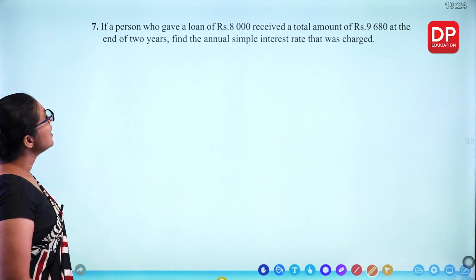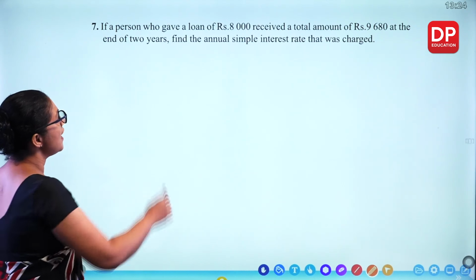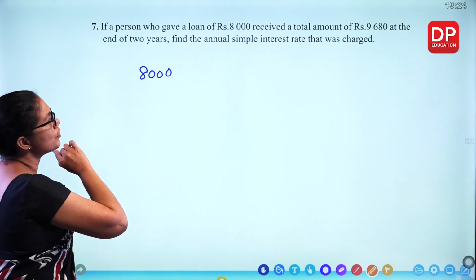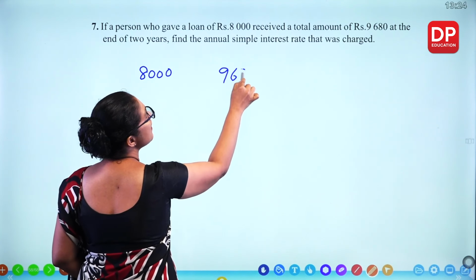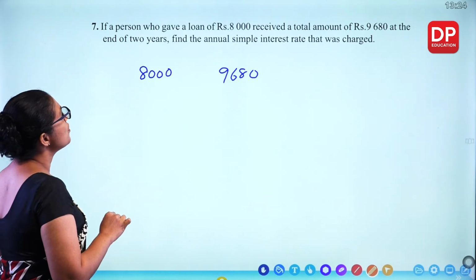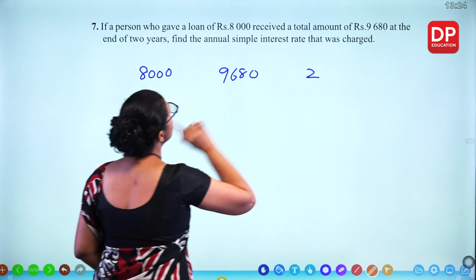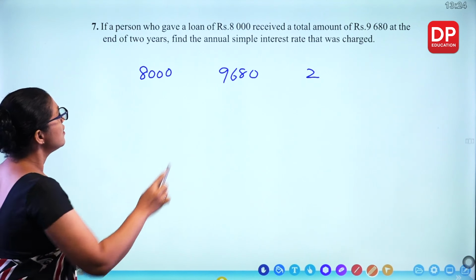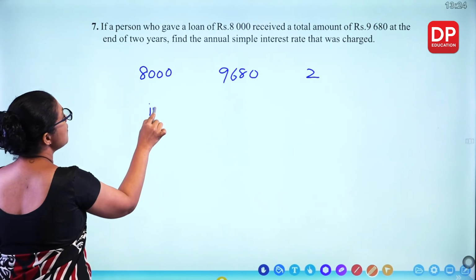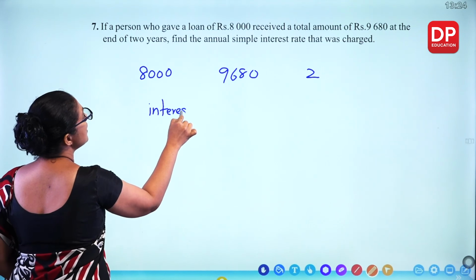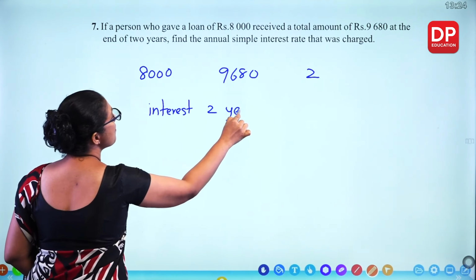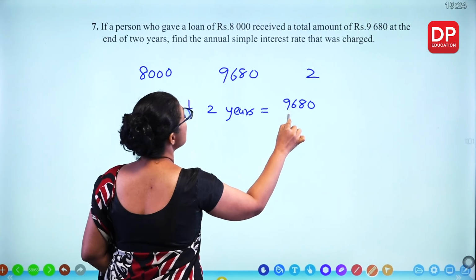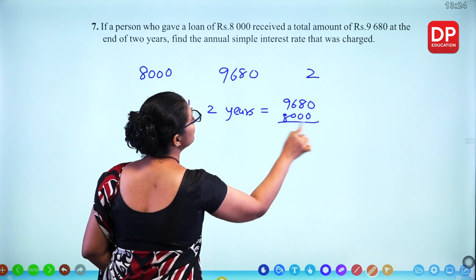Question number 7. If a person who gave a loan of 8,000 rupees received a total amount of 9,680 at the end of 2 years, find the annual simple interest rate that was charged. So what's the interest paid for 2 years? You can subtract this amount. 9,680 subtract 8,000.